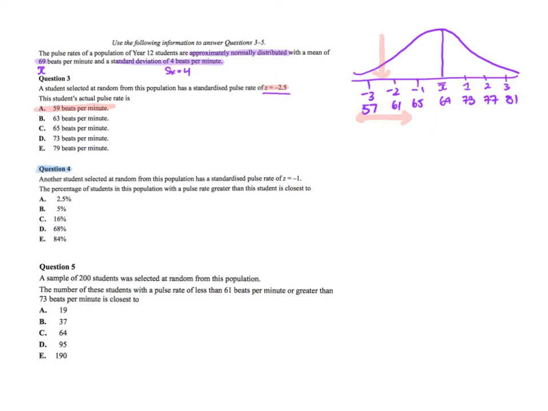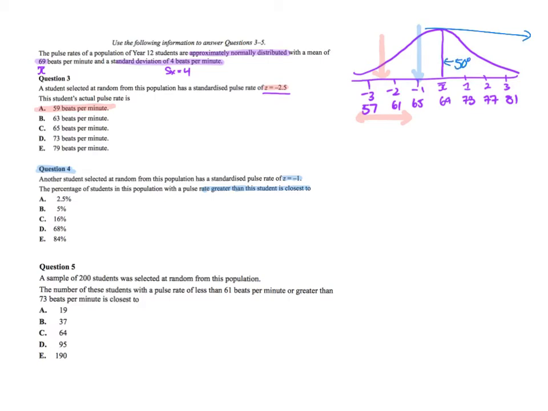So question 4, another student was selected at random from this population and has a standardized pulse rate of Z equals -1. The percentage of students in this population with a pulse rate greater than this student. So they want greater. So they've got -1, so that's where this student is, and they want to know what's greater than that. So half is always 50%.